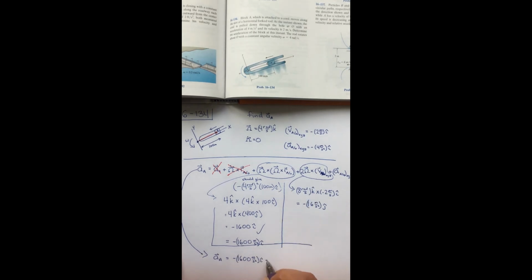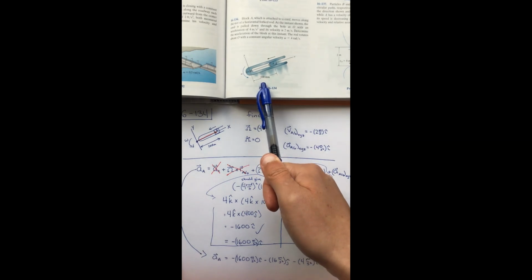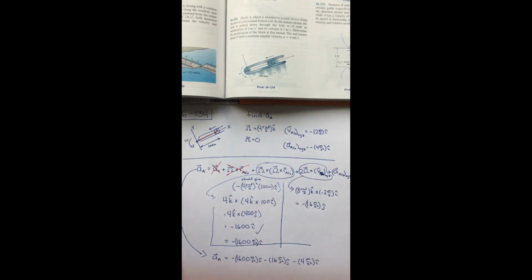This gave me minus 16 meters per second squared in the j hat direction, and I have to add my relative acceleration, which is minus 4 meters per second squared in the i hat direction. Well, I have i hat and i hat. This was 100 millimeters. That wasn't 100 meters. Okay, so I got to go back and fix that.